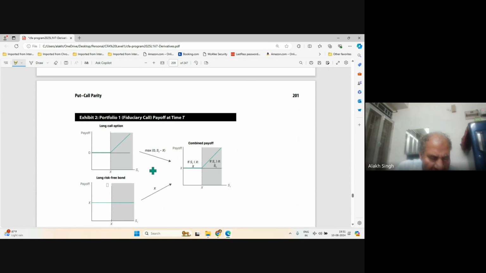The stock's loss is cancelled out by the put's profit if the market goes below X, and after that, if S goes up, the underlying has a one-to-one relationship with the payoff. So we see that graphically.